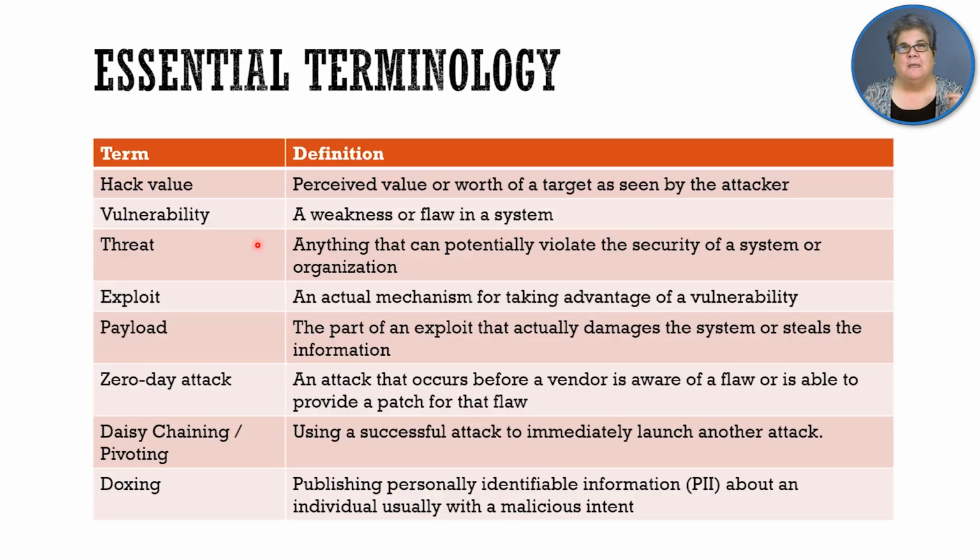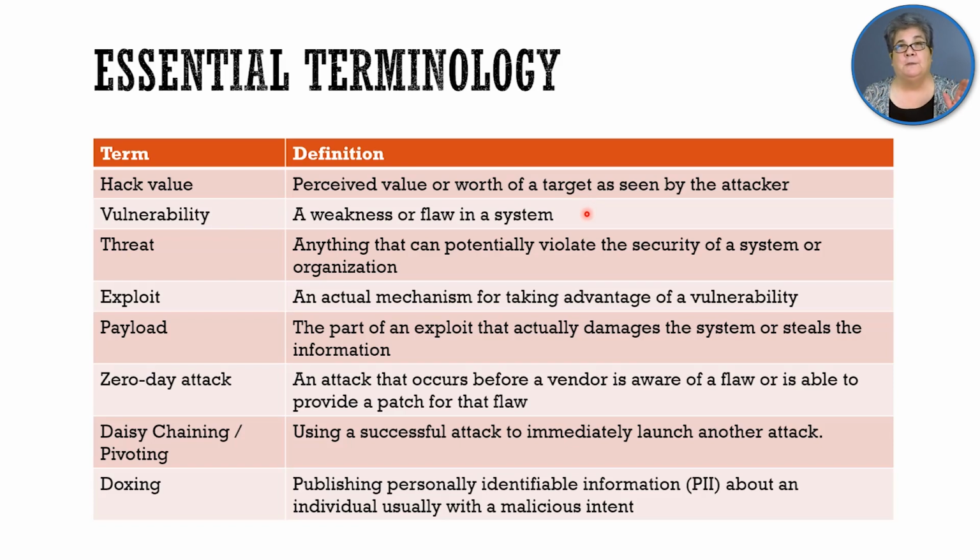Here is some essential terminology that you are going to need to know. Hack value. What is the perceived value or worth of the target to the attacker? Not to you, to the attacker. Why do they want to go after it? Vulnerability. This is any weakness or flaw in your system.